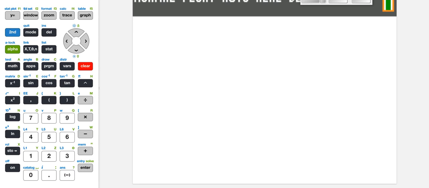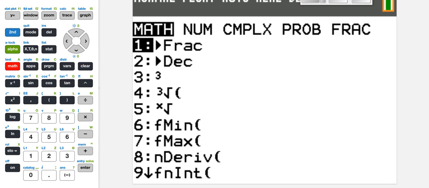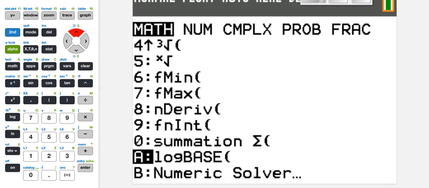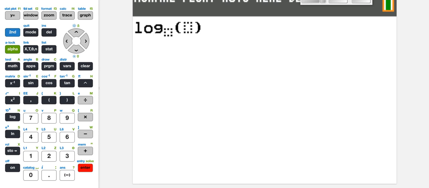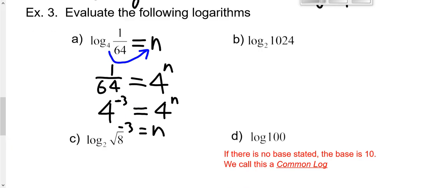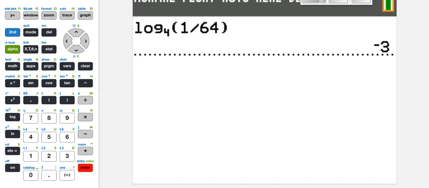Now we can do this on your graphing calculator. Go to math, second last one. So we have log base 4, and then inside we have 1 divided by 64, enter. That gives you -3. That's what we figured out. So this expression is equal to -3. And for those of you who are using an older model, I'll show this to you one last time.